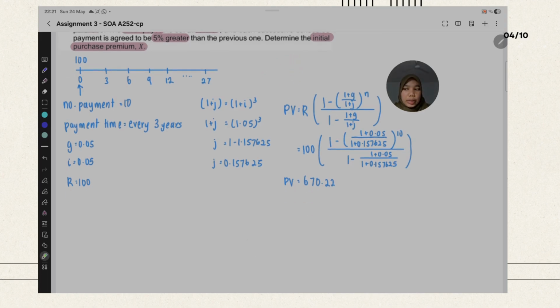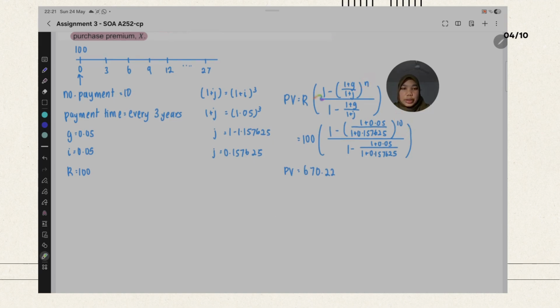By substituting our initial payment of 100, the number of periods equal to 10, and our calculated ratio into the geometric series formula, we can compute the exact value. This breakdown ensures that we account for both the changing value of money over the 3-year intervals and the compounding growth G of the retirement payout seamlessly.